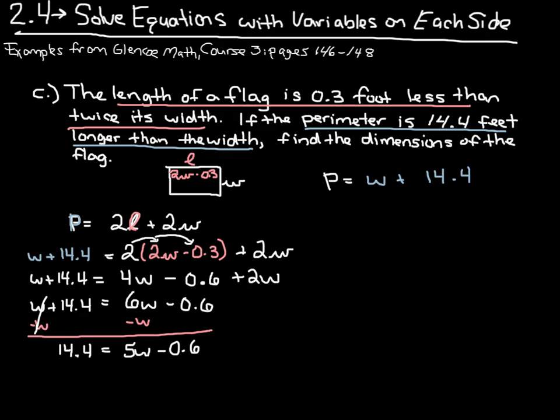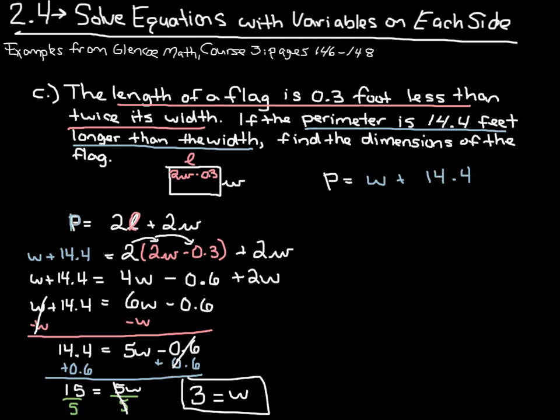Add the 6/10 next to both sides. 15 equals 5W. And our last step here, divide by 5 on both sides of the equation. And 3 is going to equal W.